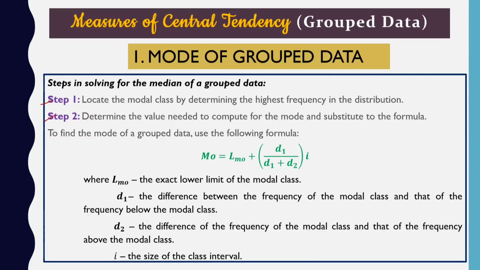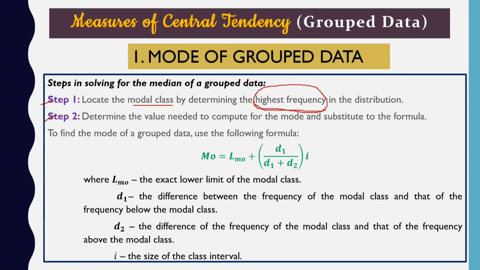We only have 2 steps. For step 1, we locate the modal class by determining the highest frequency in the distribution. So again, we are considering the modal class, or the interval with the highest frequency.